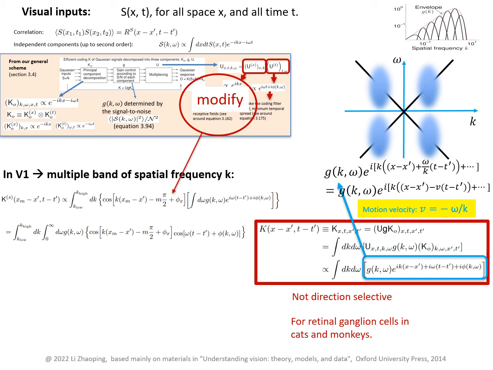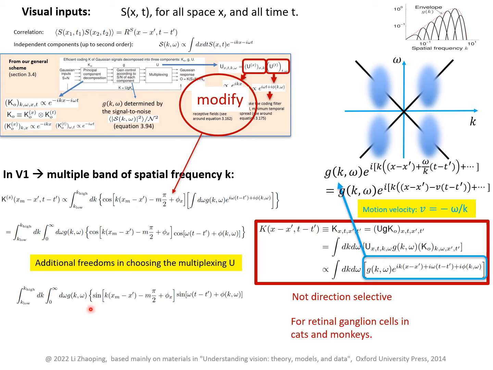It turns out that there are additional freedoms in choosing the unitary matrix U in both space and time, so this is another valid filter for this spatial frequency band. They are the same except that the cosines now become sines.